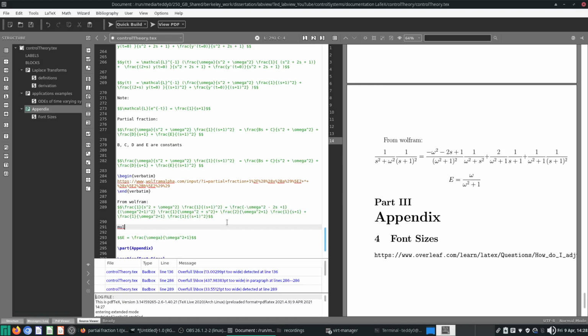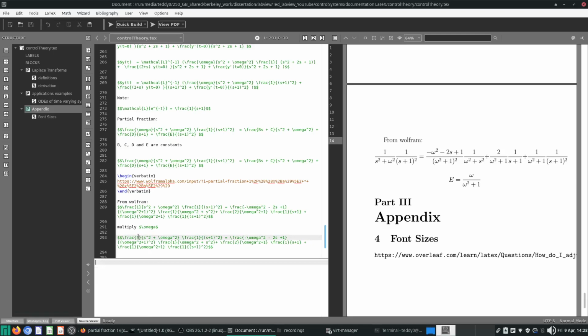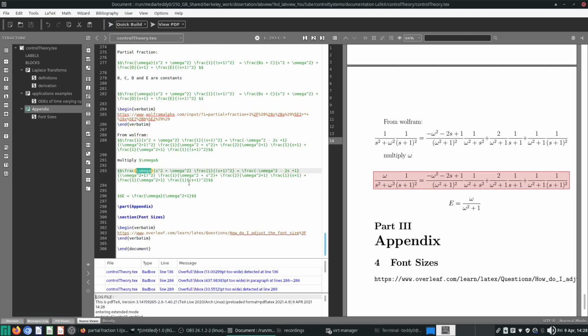Let's multiply omega. Then I will have this omega, and I will have to multiply that throughout. It's somewhat tedious, but it's not always easy, like I said, especially now with the partial fractions part.